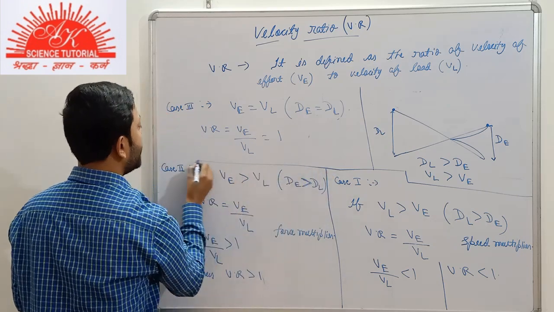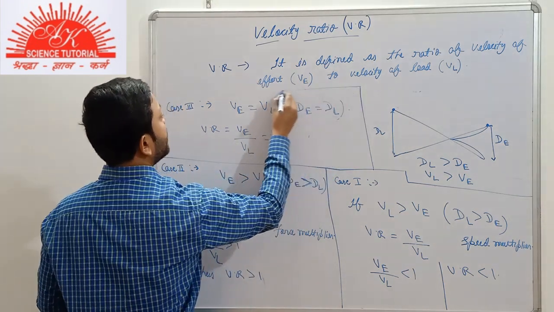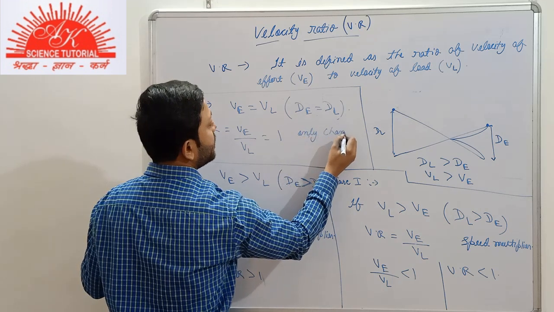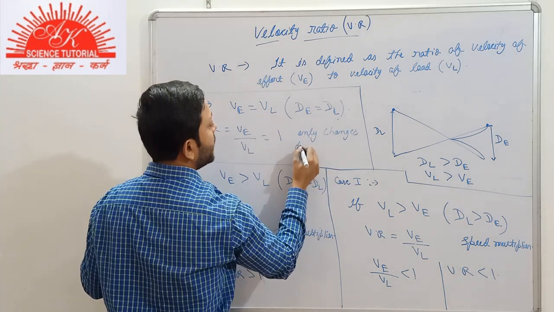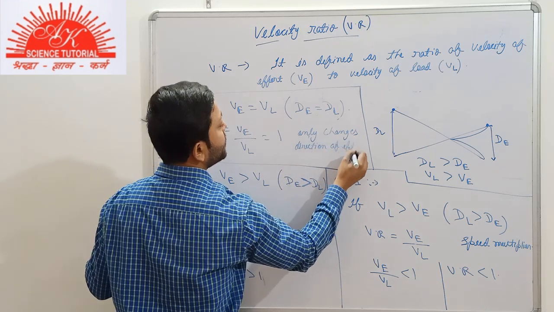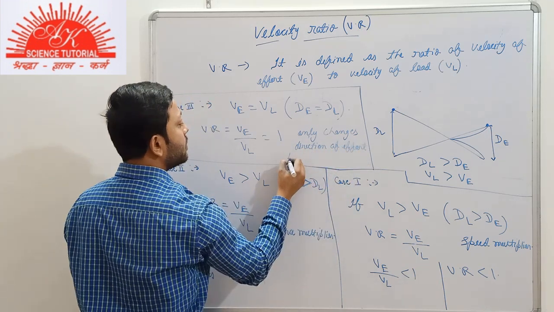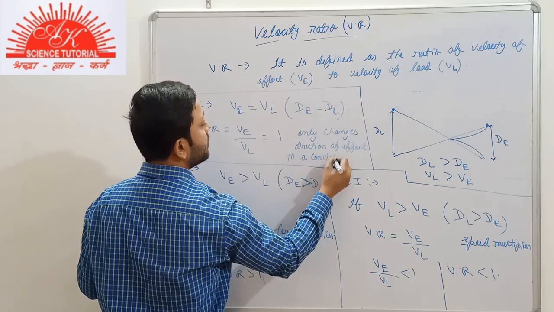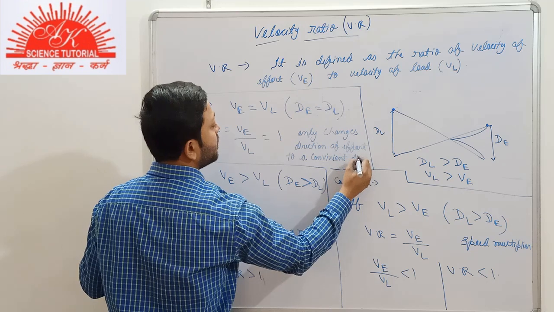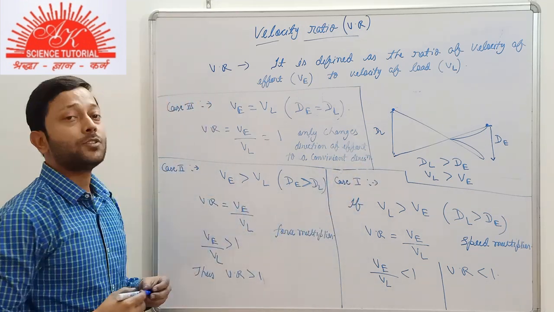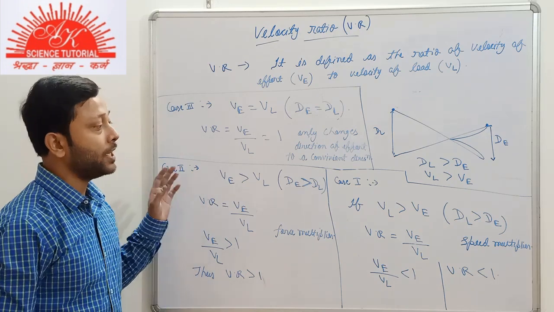This is our case 3. Such a machine only changes the direction of effort. And you know in which direction? To a convenient direction. So these were the 3 cases for a velocity ratio.